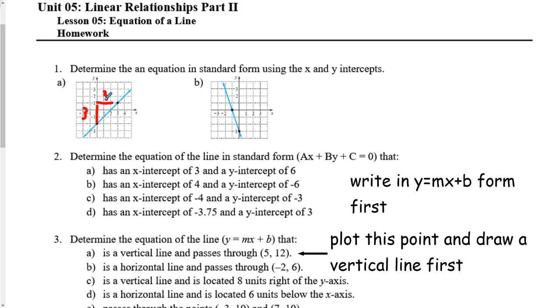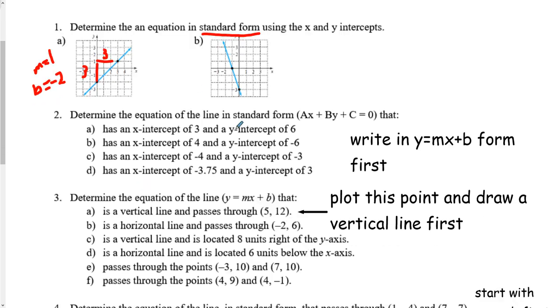So the slope is going to be 1, right? And then your y-intercept, where does it cross the y-axis? It looks like it crosses at -2, so your b is going to be -2. Always start out by writing your slope and y-intercept. Put this into y equals mx plus b form, and then rearrange the terms to put it into standard form.